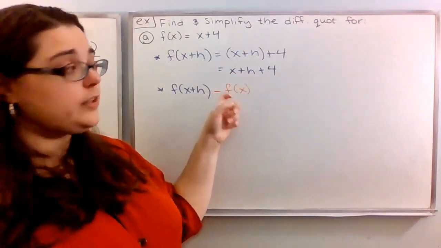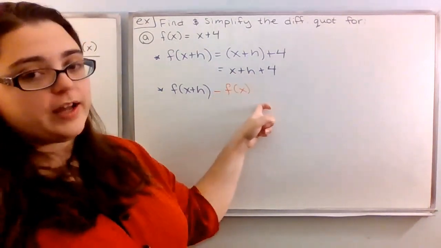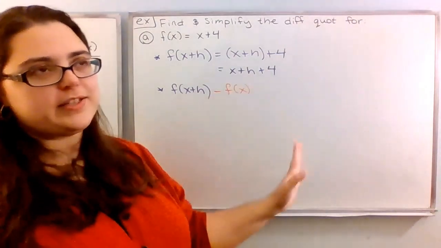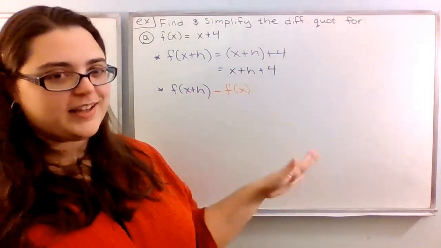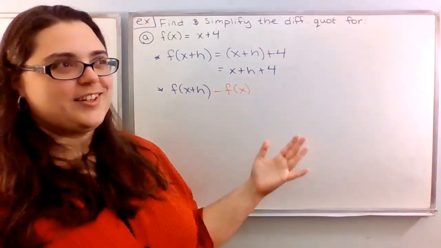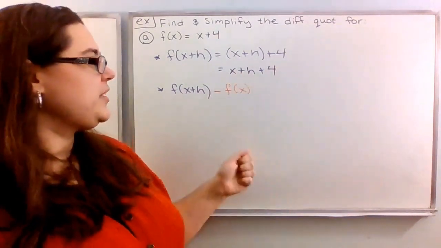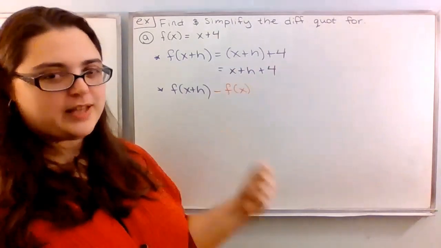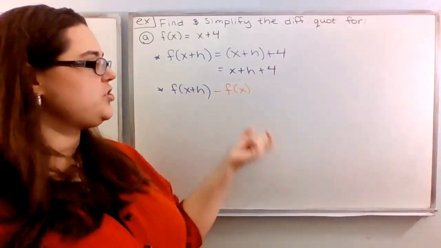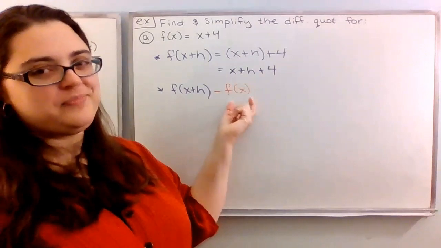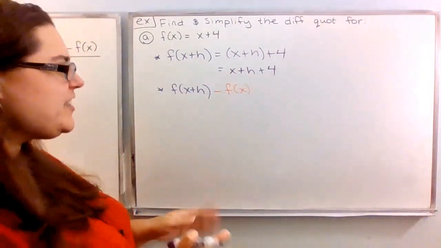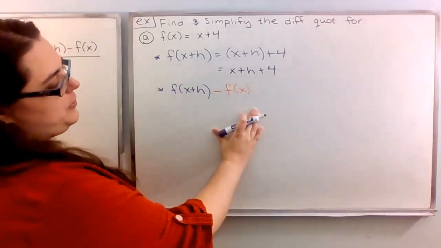So you definitely want parentheses around f of x, because I can't tell you how many times in both pre-calc and in calculus we make mistakes by forgetting to distribute that minus sign. So please save yourself and your math teachers from lots of headaches and just put parentheses around that second one and then simplify. Take the second to do that extra step.